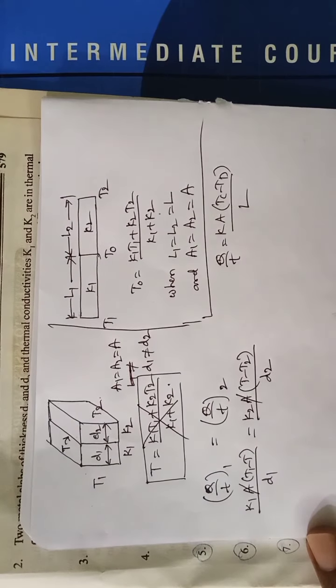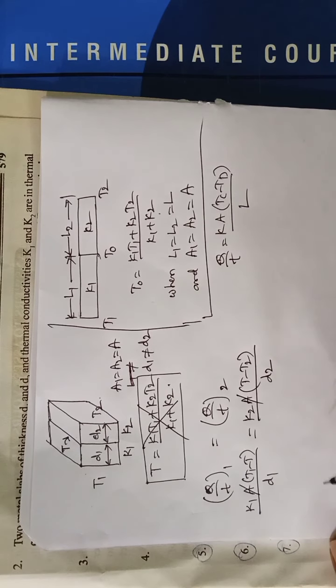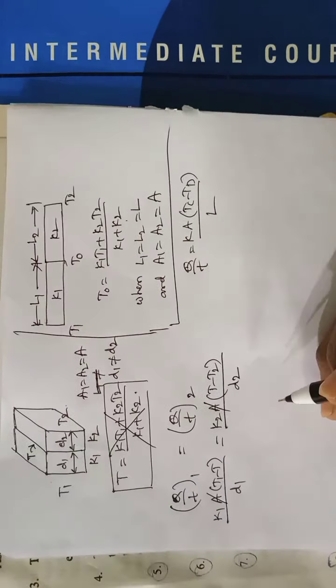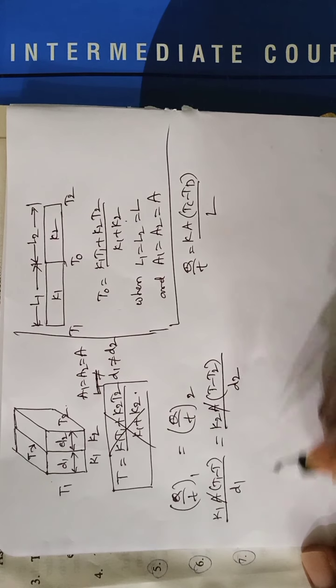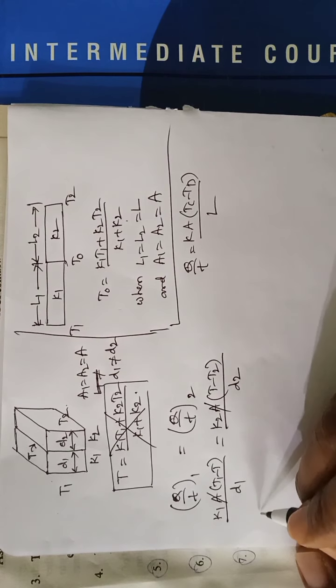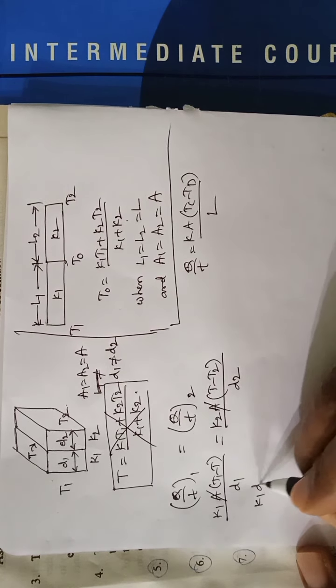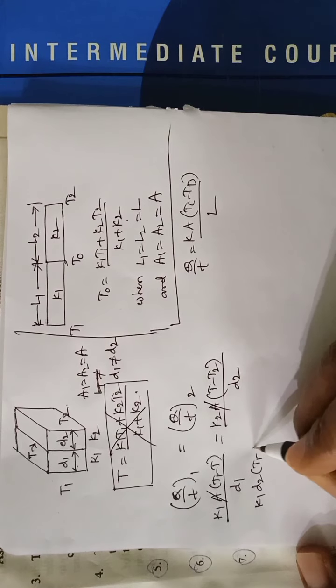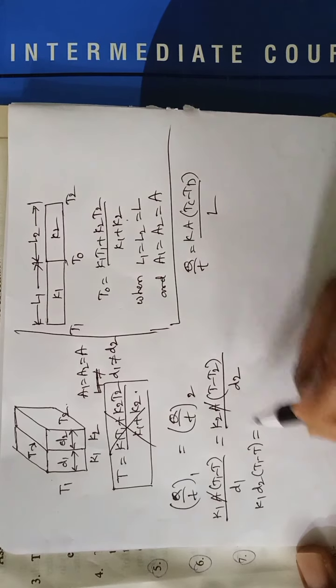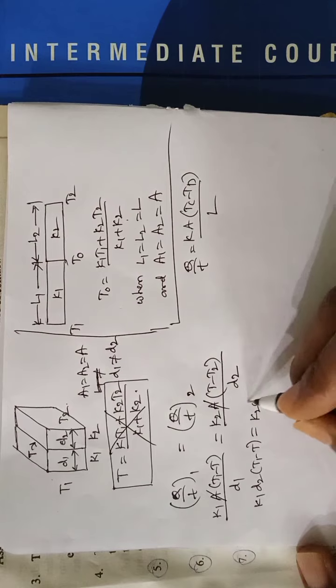A and A gets cancelled. Cross multiplying, K1 D2, K2 D1.